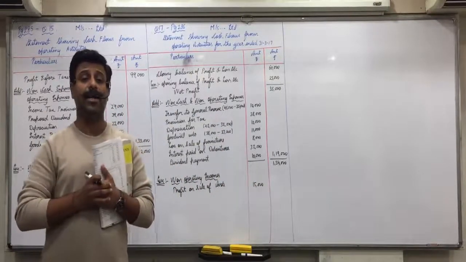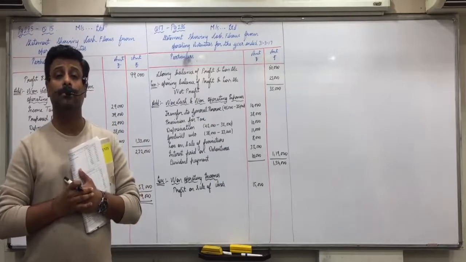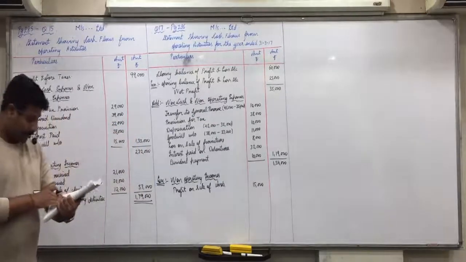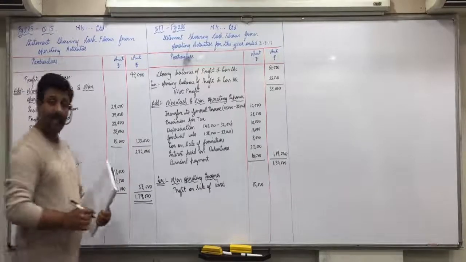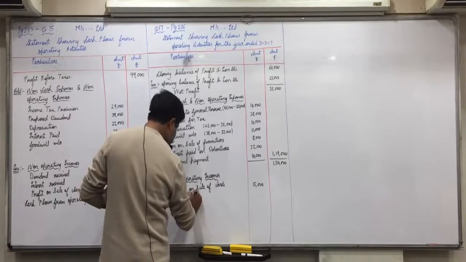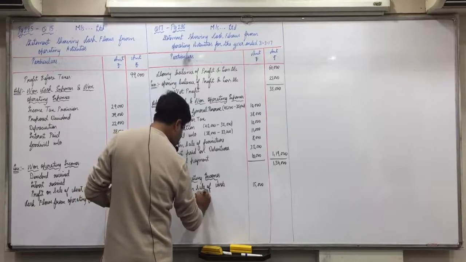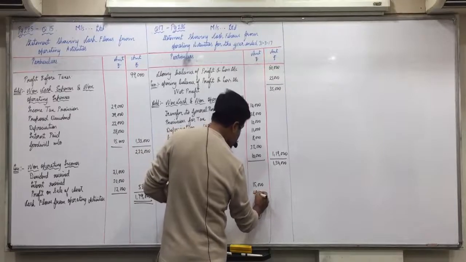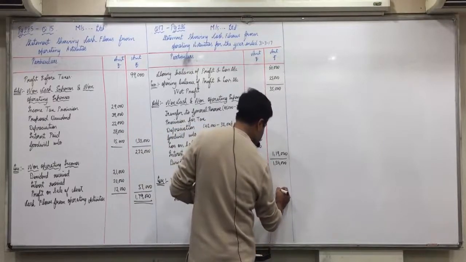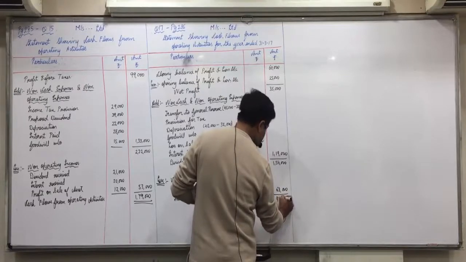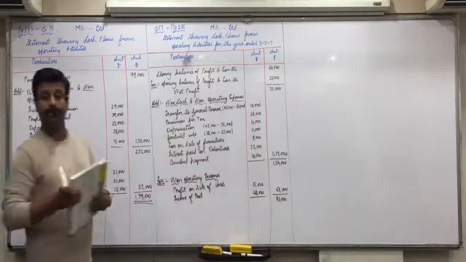Not interested in studying? Income of rent 48,000. Only 2 items, so 63,000. 91,000. And 154 minus 63 is 91,000.